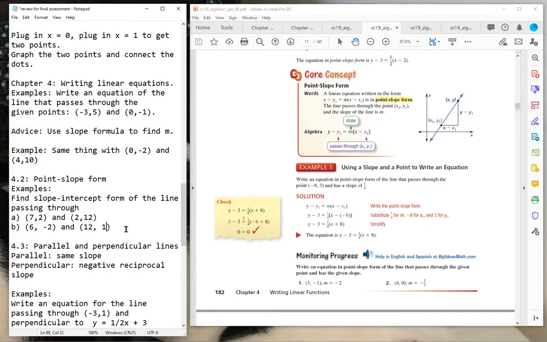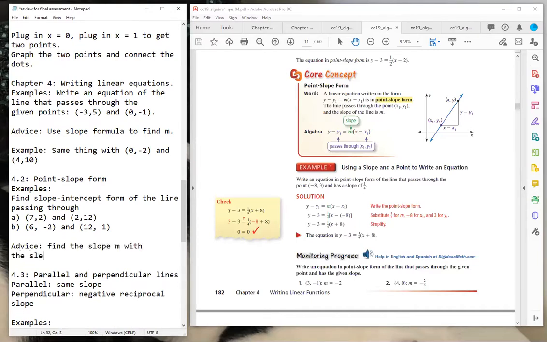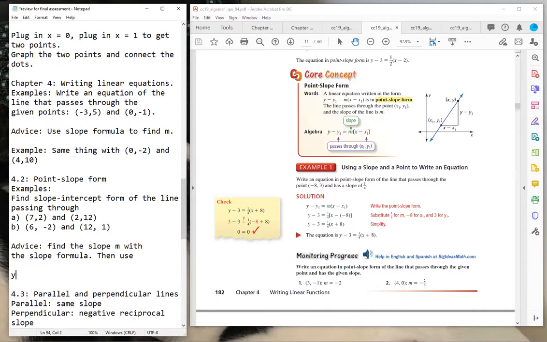So my advice for solving these is find the slope with the slope formula, then use point slope form. So y minus y1 equals m times x minus x1.